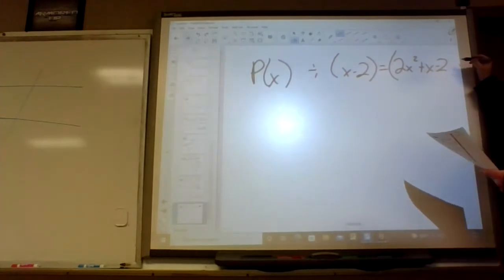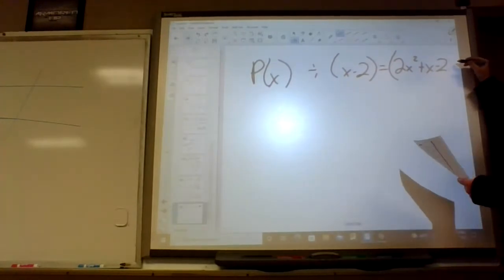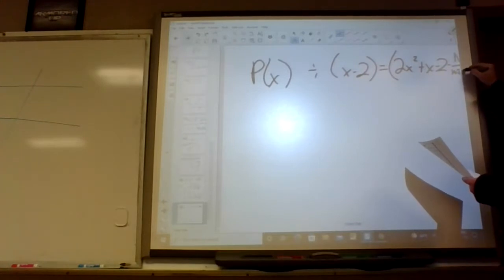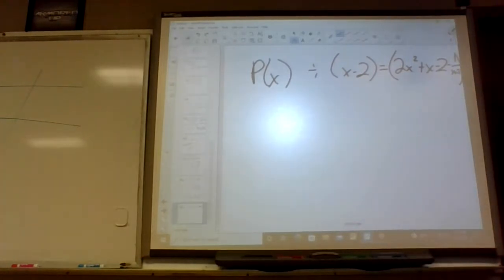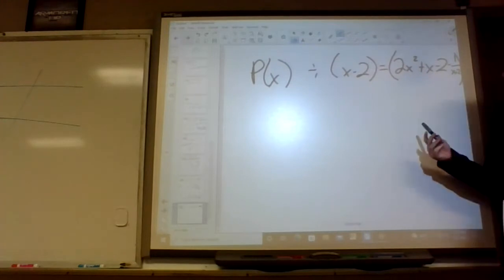What's the remainder? Negative 1. Okay, do you guys remember how we wrote remainders in polynomial division? Usually I put the remainder over the divisor, like when you're doing a fraction remainder.